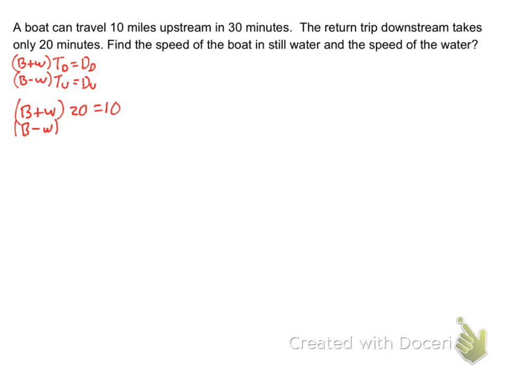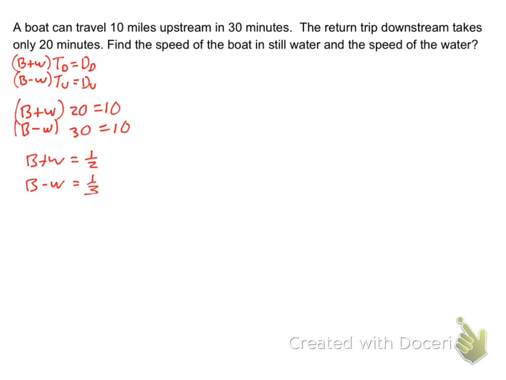B minus W is equal to 30 minutes into the wind for 10 miles. Is this any different, really, than the last problem? Divide by 20, divide by 30, yeah? So B plus W is 1/2. B minus W is equal to 1/3.